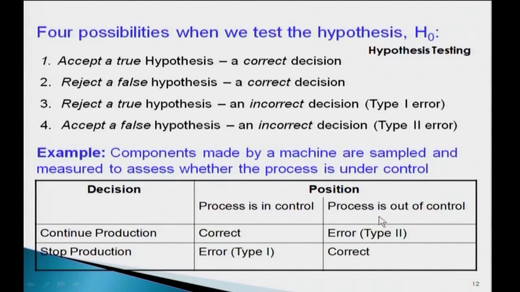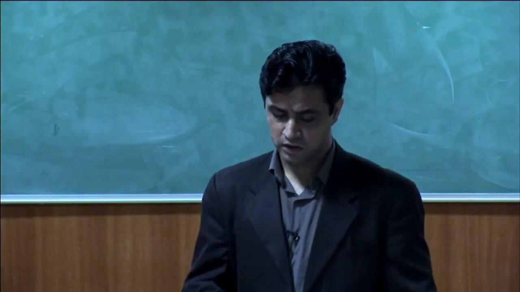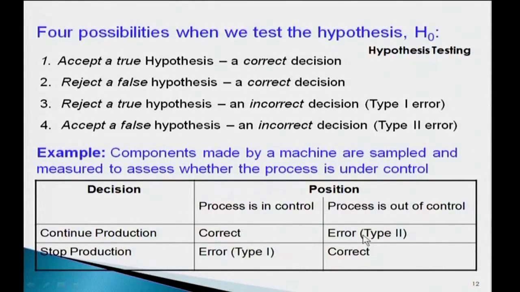Second situation is the process is out of control. The number of faulty items is more than the specified limit. Still, if you continue production, maybe because you do not want to take the responsibility of stopping, you may feel that the next supervisor will take the responsibility on his own. That is again an error, because there are instructions that whenever the process is out of control, you must stop it.